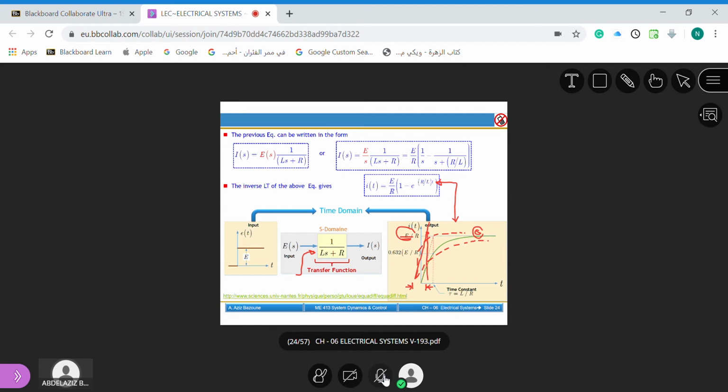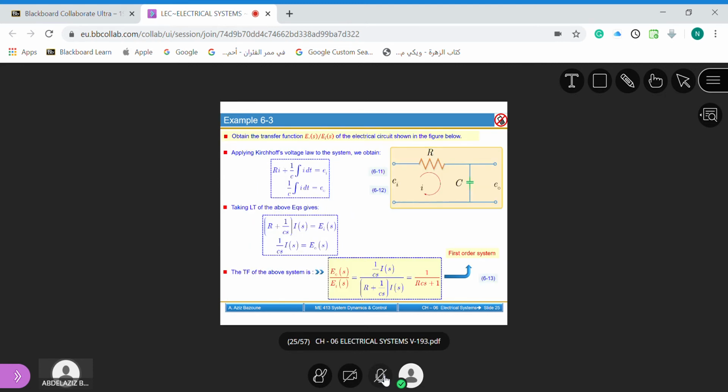This time constant corresponds to 63.2% on the graph. It crosses the response at a point that represents 63.2% of the final value, E over R. This is the step response of an electrical system.